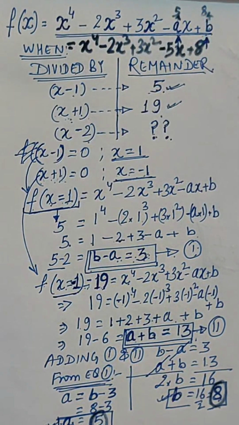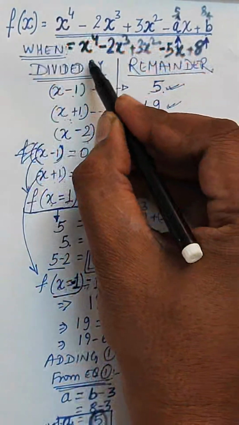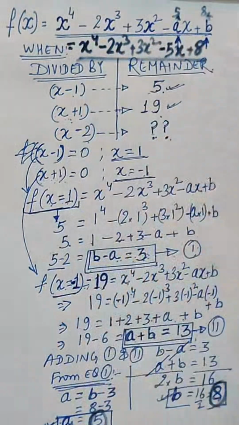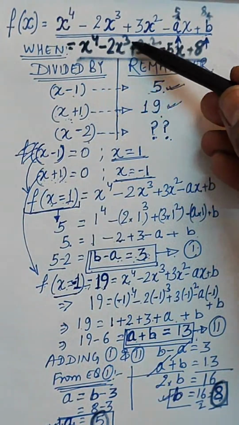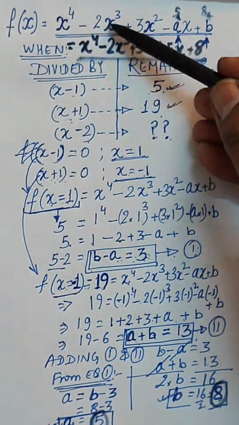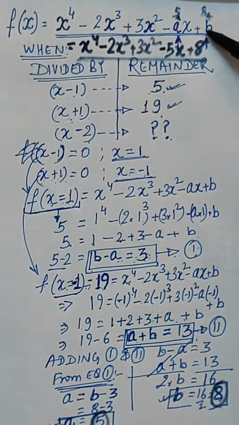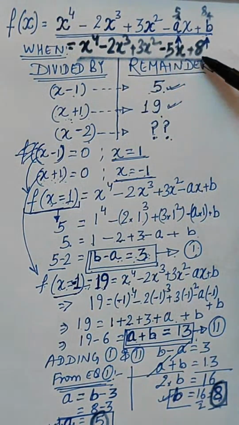So our function of x will be looking like this: x power 4 minus 2x cube plus 3x squared. The first, second, third terms will be similar, but replace the values of a and b with 5 and 8 respectively, and this will look like this.